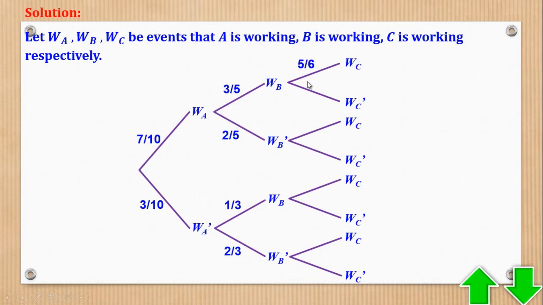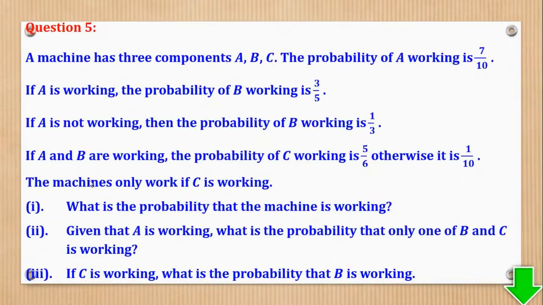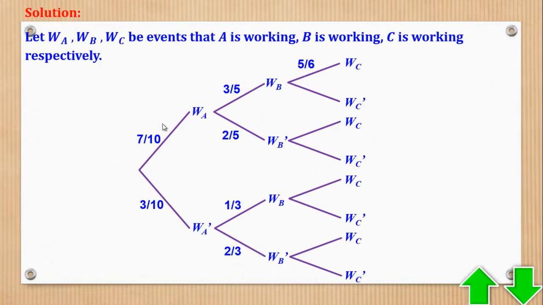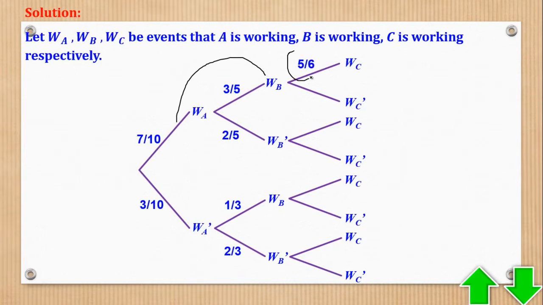The next is this 5 over 6. Where is it coming from? They told us that if A and B are working, the probability of C working is 5 over 6, otherwise it is 1 over 10. So if both this and this are working, then this probability will be 5 over 6.